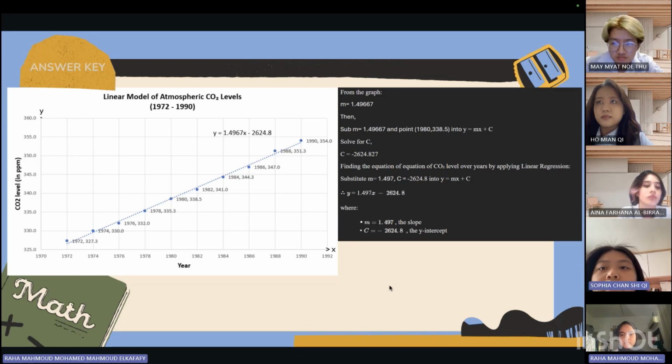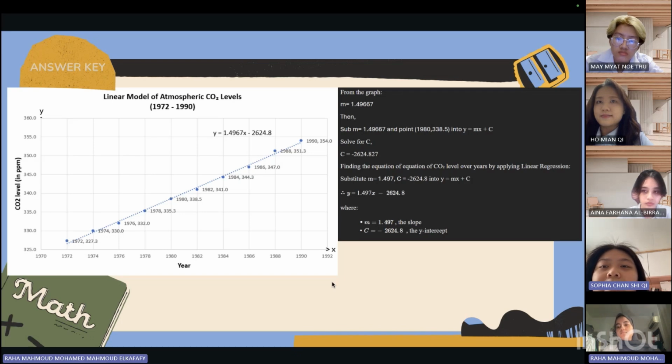So from the graph, we can find the gradient, which is represented by m, using 2 points randomly, and then using the formula y2 minus y1 over x2 minus x1, which would be giving us 1.49667.